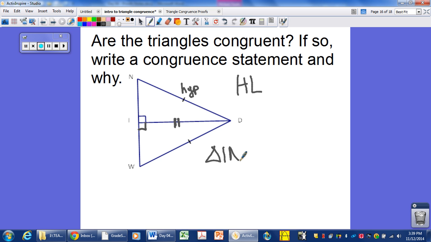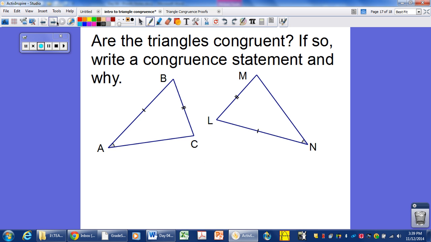Triangle IND will be congruent to triangle IWD. I to N to D, I to W to D. Okay, so notice they both share the letters ID, so that's their shared or their reflexive side. Okay, you're allowed to mark vertical angles and reflexive sides.